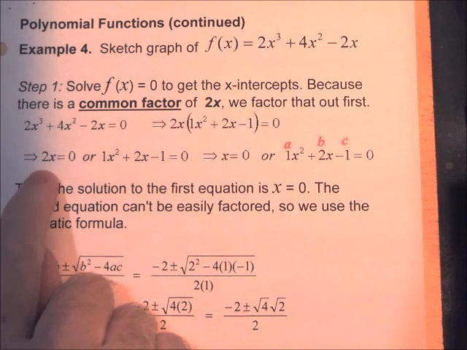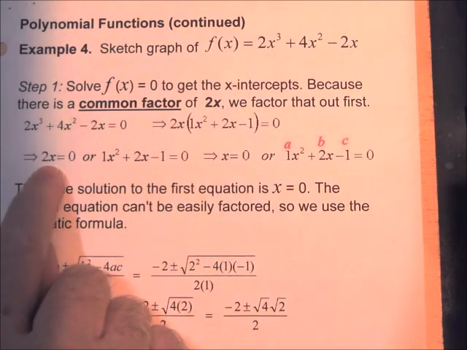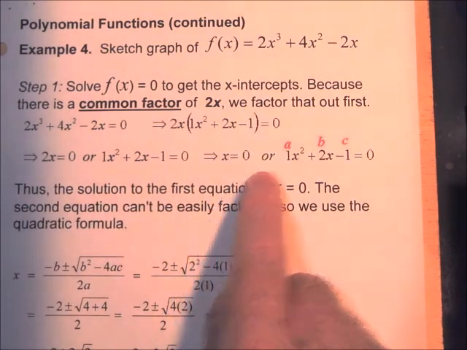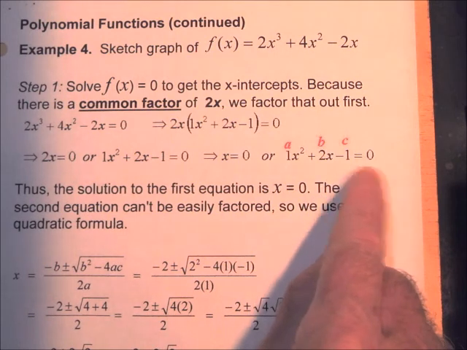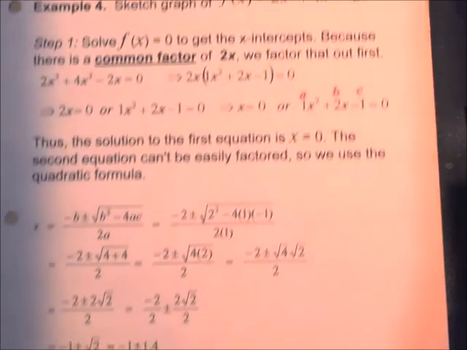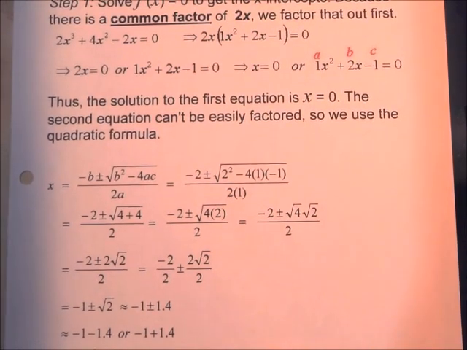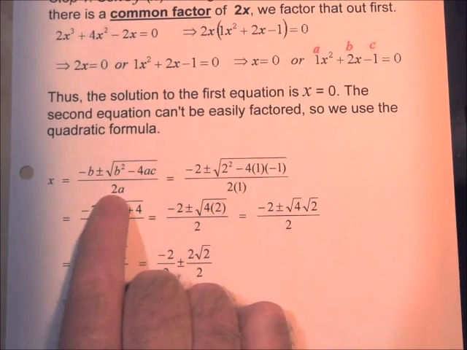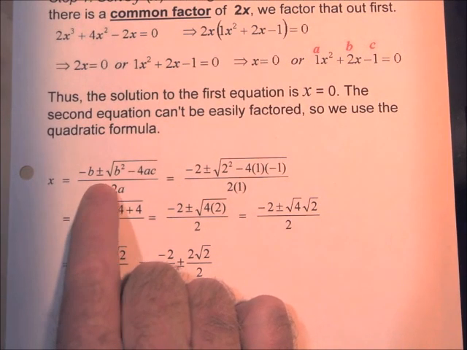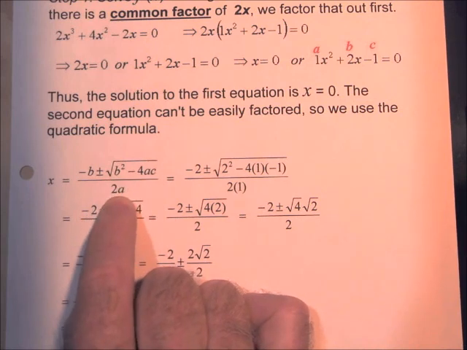So that means either 2x equals 0 or 1x squared plus 2x minus 1 equals 0. Divide by 2, we get x equals 0 or 1x squared plus 2x minus 1 equals 0. Now this equation is going to be difficult to factor, so I'll use the quadratic formula for this. Plugging into the quadratic formula, x is equal to negative b plus or minus the square root of b squared minus 4ac, over 2a.